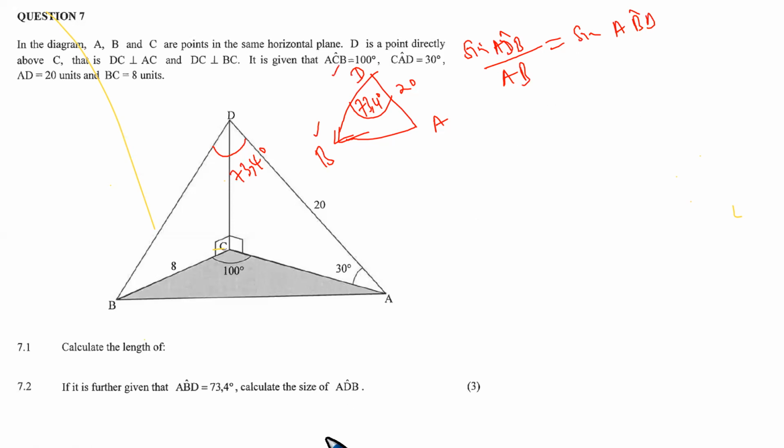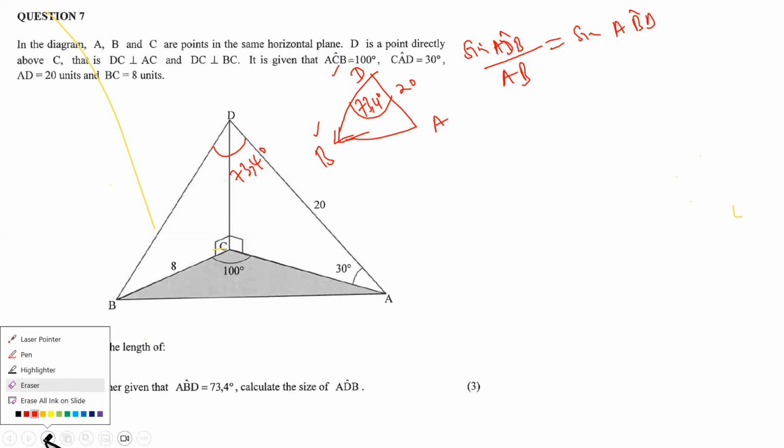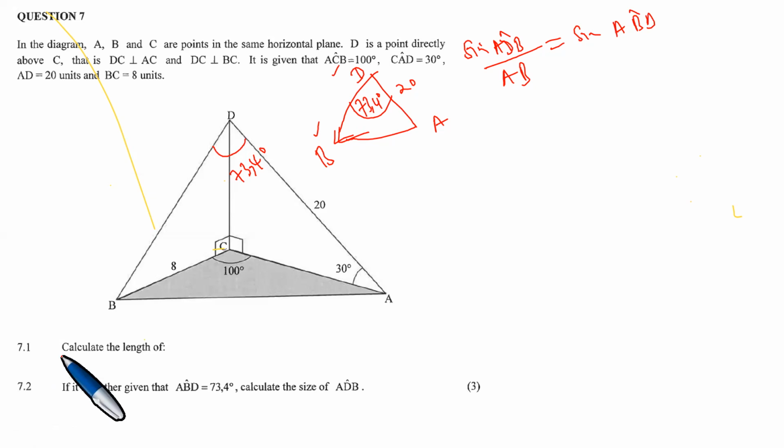Now if you take the sine of ABD over the opposite side, excuse me, the side opposite angle B is 20.